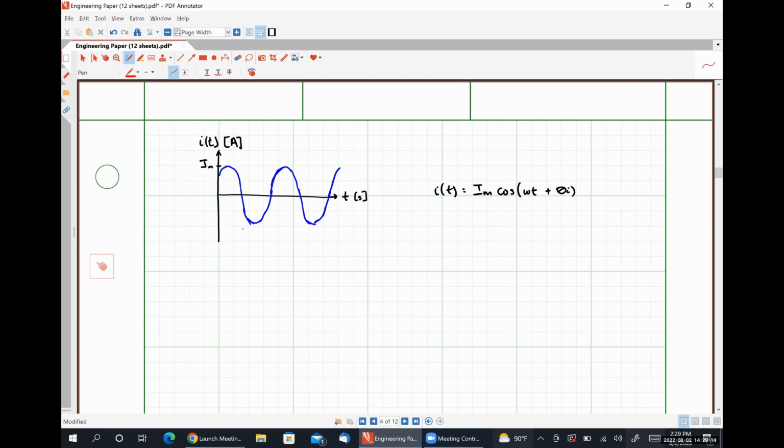The period of this signal is this distance, this amount of time T.